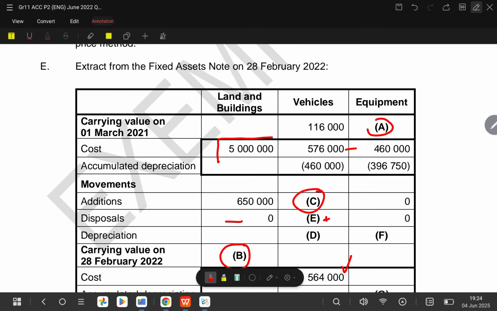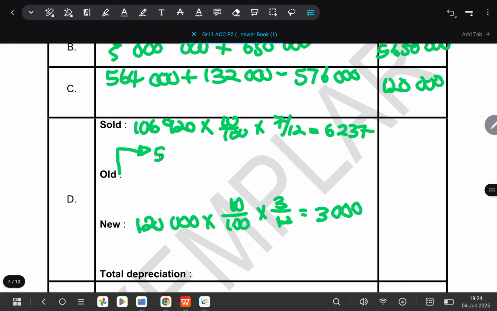In this 576,000, we need to subtract 132,000 so that we can be left with the cost price of the old ones. So 576,000 minus 132,000 leaves you with 444,000.